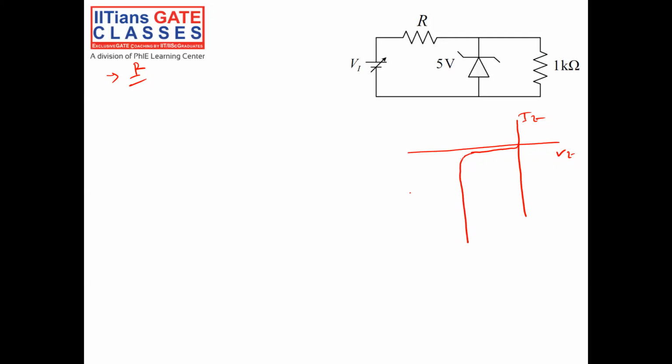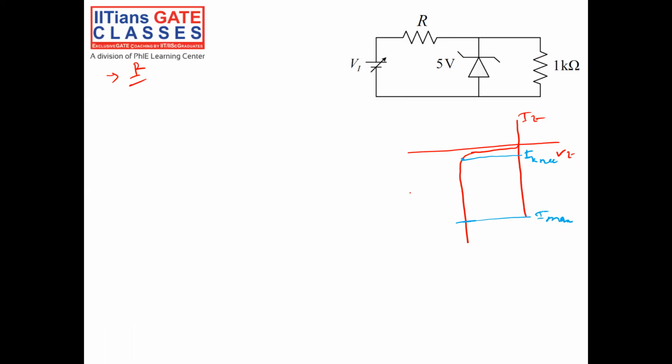When the voltage becomes constant, the current at that moment is called I-knee. Let's take another color. The current at this point is called I-knee, and depending upon the maximum power rating, there should be I-max also.